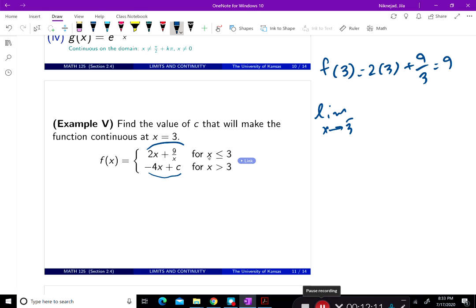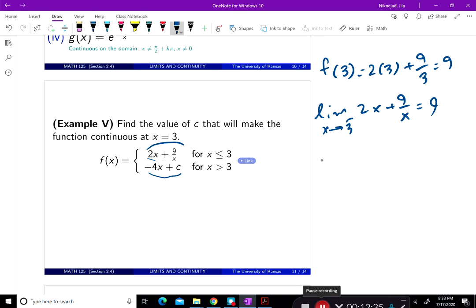What is to the left of 3? That would be this piece. So I'm finding that. Again, this is a continuous function, so I can basically plug in 3 into here. It's continuous at 3, so I can plug in 3 to find the limit. And so that would be equal to the same value.